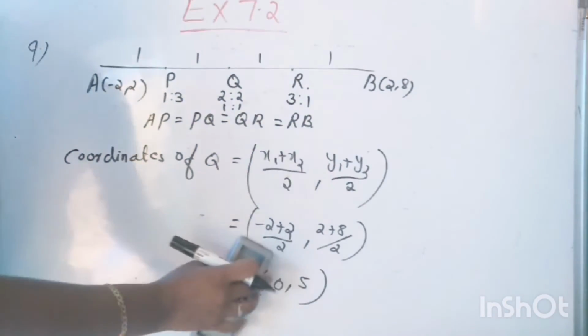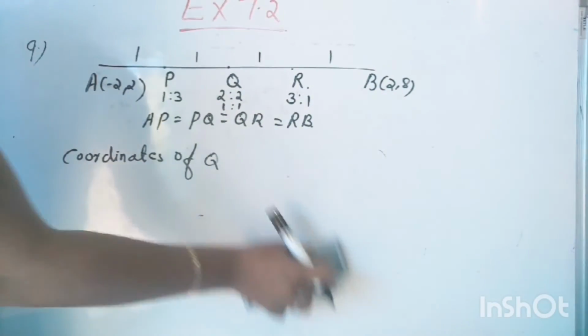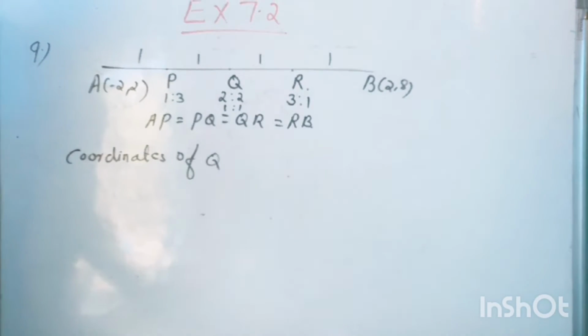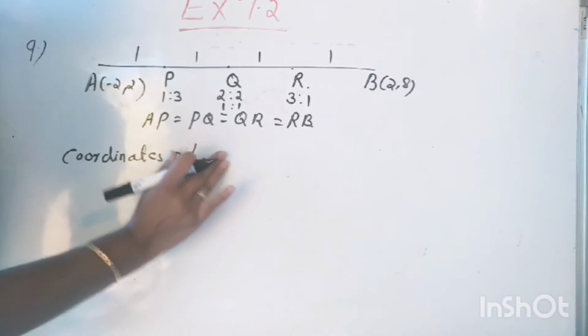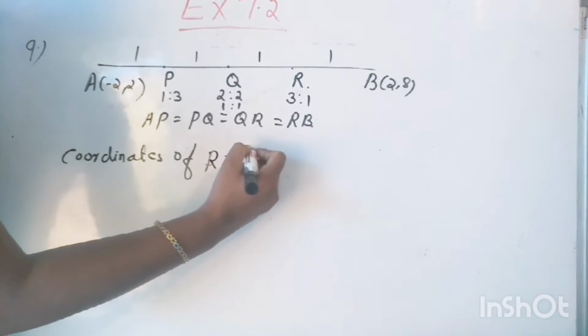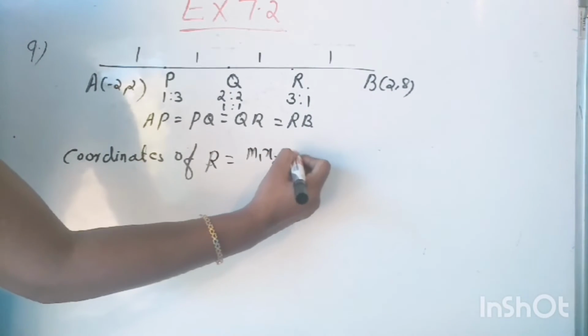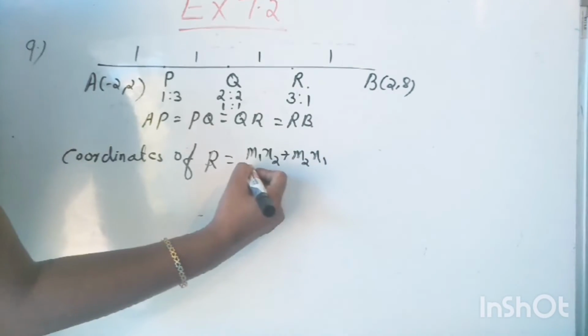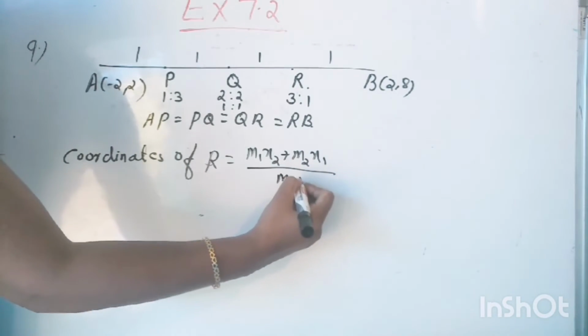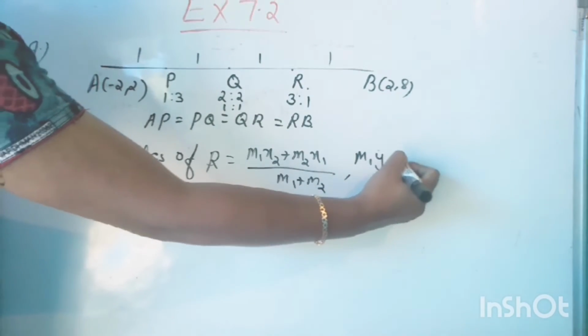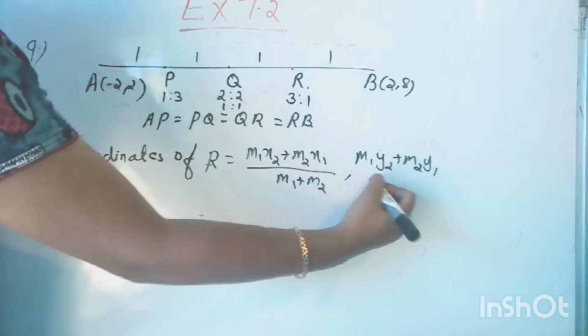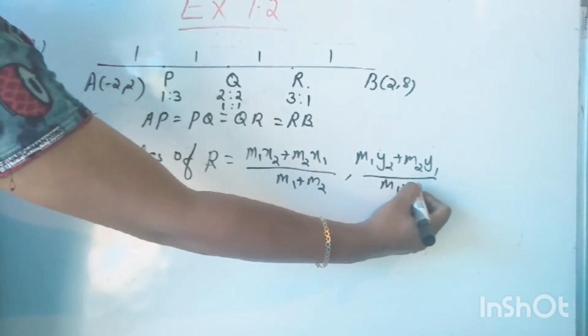Now we are going to find out the coordinates of R. Again we are going to apply the section formula. Coordinates of R is equal to (m1 x2 plus m2 x1) divided by (m1 plus m2), comma (m1 y2 plus m2 y1) divided by (m1 plus m2).